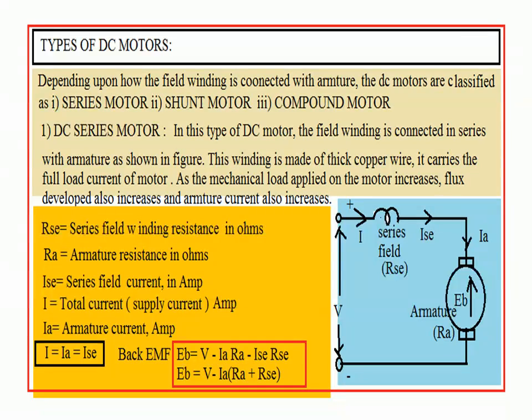In the simplest way, the series winding is connected in series with armature as shown in figure 1. You have to draw this diagram.